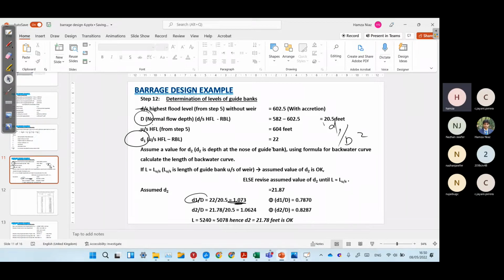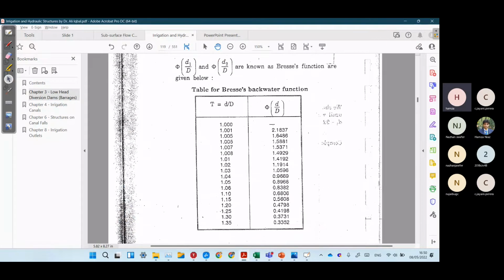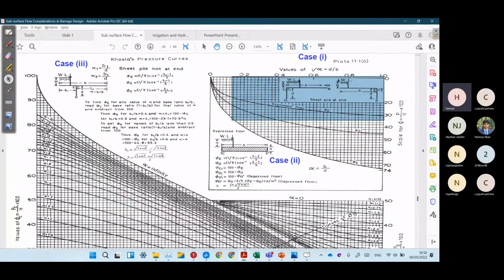So for a value of 1.073, move to these tables. So 1.07, approximately here. We can interpolate, or simply use this 1.06 value, 0.8382. So 0.8382, I think they have interpolated.